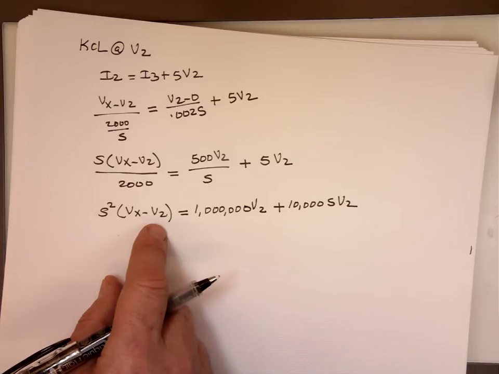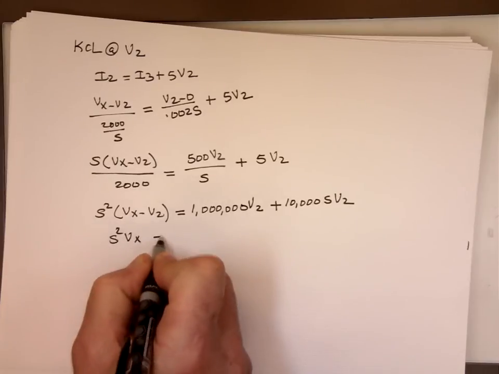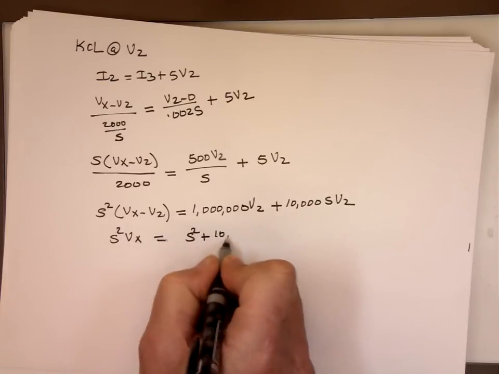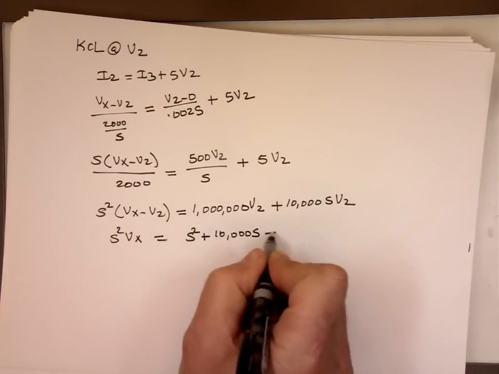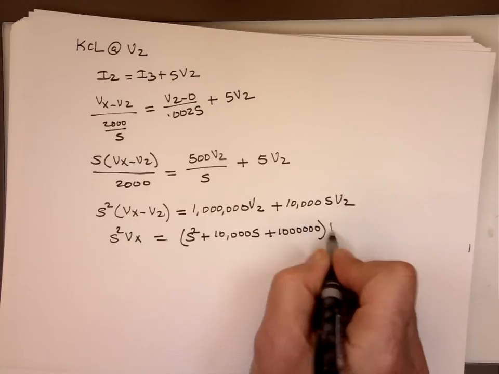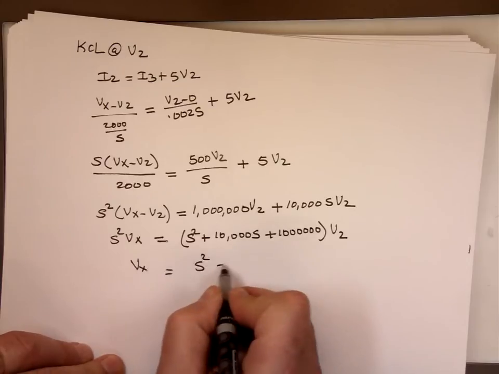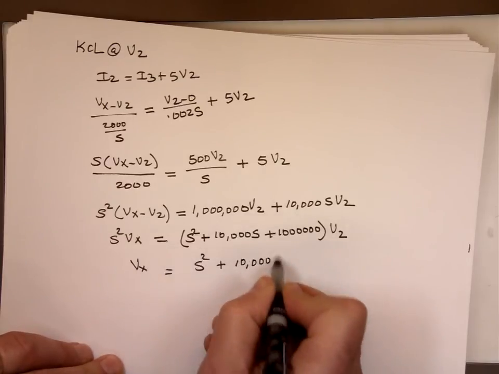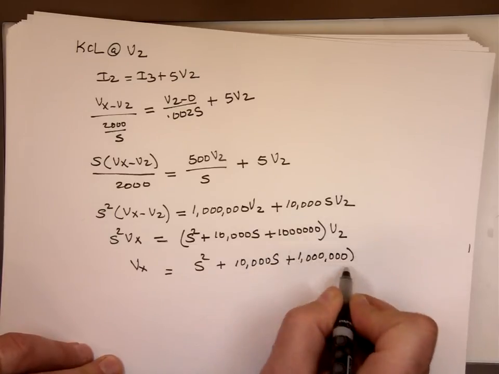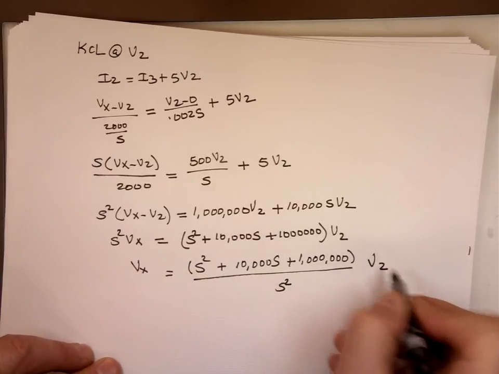If you multiply this, S squared Vx equals S squared plus 10,000 S plus 1,000,000 times V2. Vx equals, that's what Vx is.